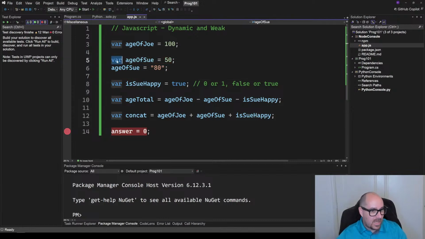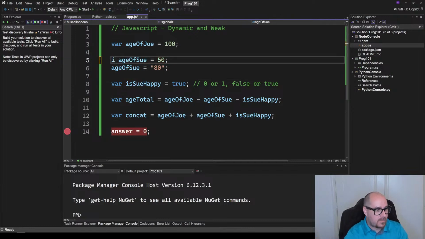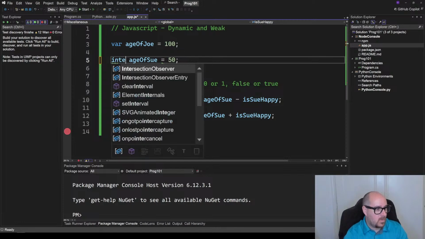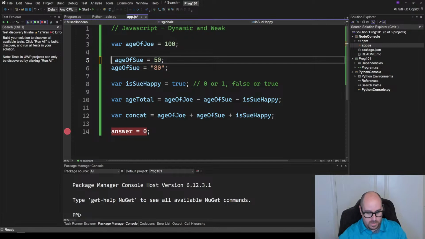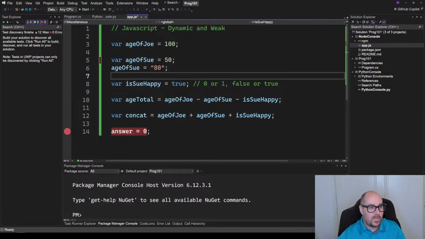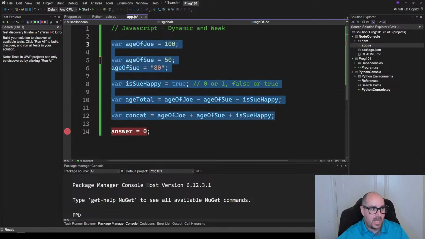So I can't tell it here. There's no way to say integer or number or something like that. There's no way to tell it what it's going to be and say it has to be this, and I can expect operations to work in design time so that I can get some sort of feedback on that. IDEs are pretty smart these days, and they can sort of tell what it's going to be, but the design time doesn't care.